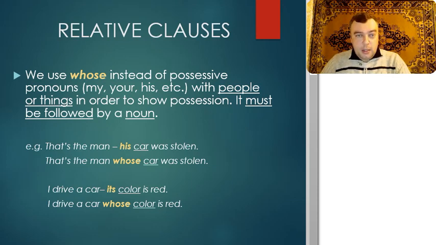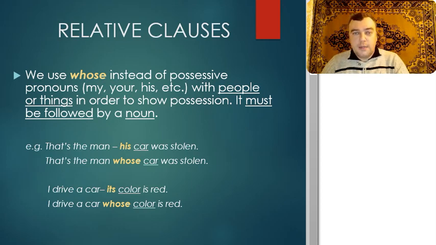That's the man. The man's car was stolen. That's the man whose car was stolen. So originally his is a possessive pronoun. Car is the thing that belongs to the man.